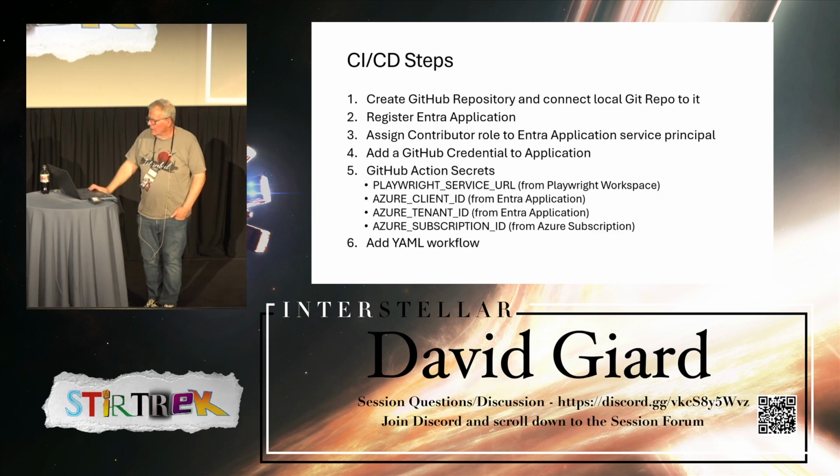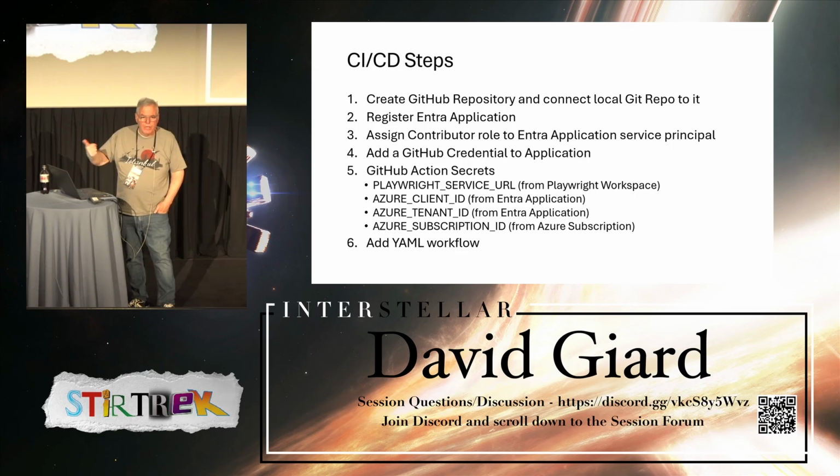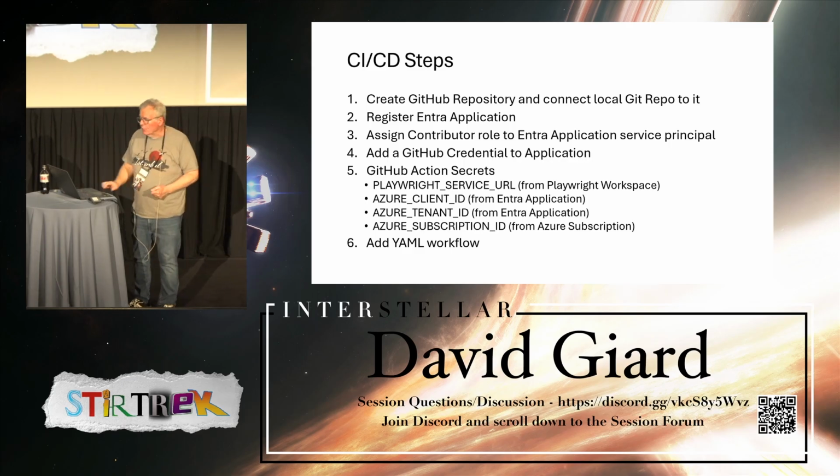And there's a bunch of steps in here for doing that. I documented them in here. I don't think I'll have time in the video for this, but I have a link to it online. I'll show you. But essentially, create your GitHub repository, register an application inside of Microsoft Azure. When you register that application, it creates a service principal. That's the principal under which that application runs.